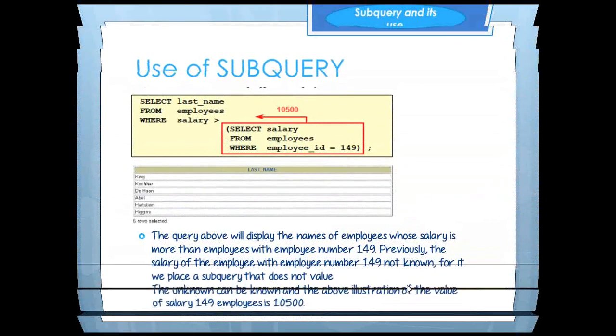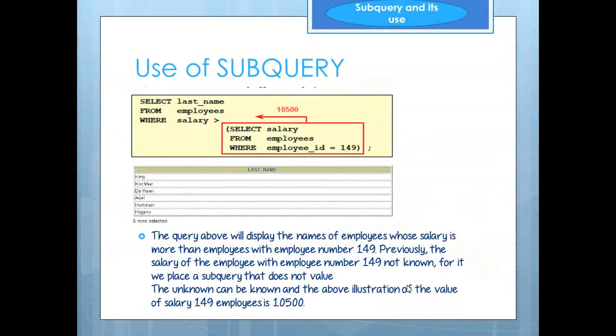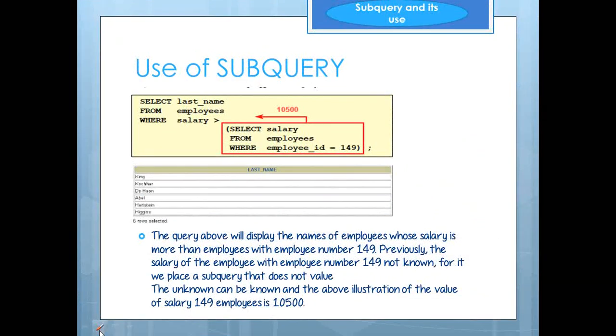Next, use of subquery. This is the example of using a subquery. We'll see. The query above will display the names of employees whose salary is more than that of the employee with employee number 149.